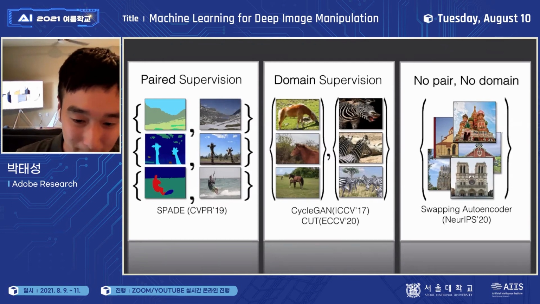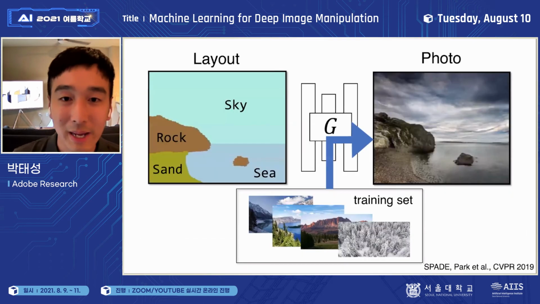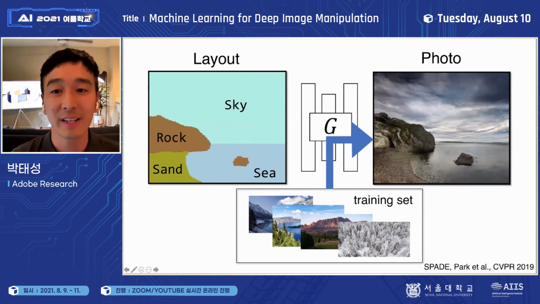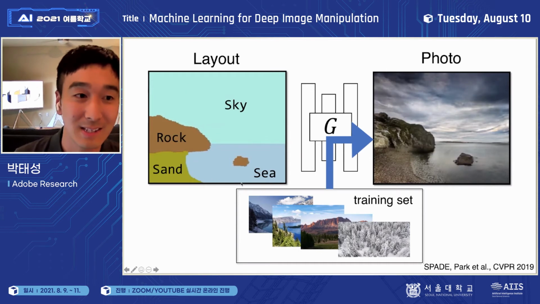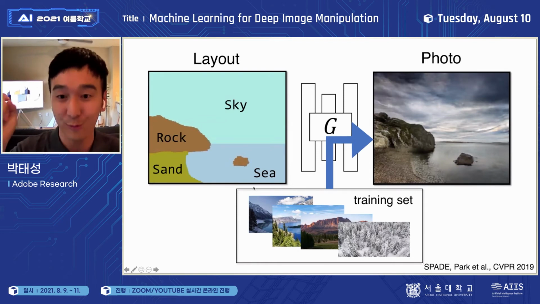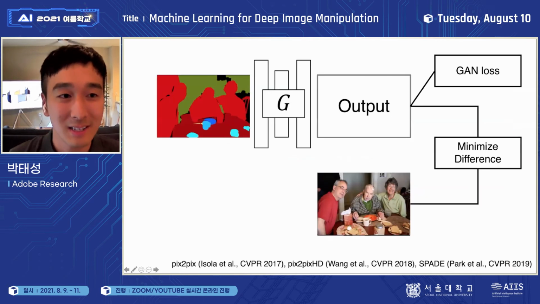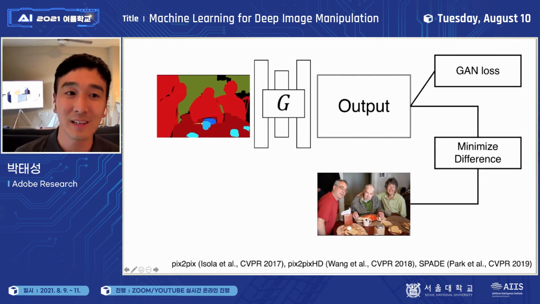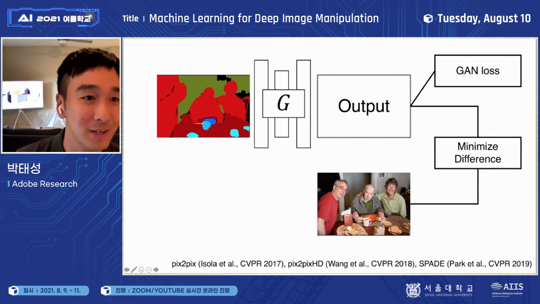Let me go back. So SPADE, just to recap, was designed to generate natural, realistic looking images from the layouts. And to train this, we need a paired supervision between the layout and the photo, right? And one way that we can prepare this dataset is we first collect a dataset of natural images, like this photo of a person.